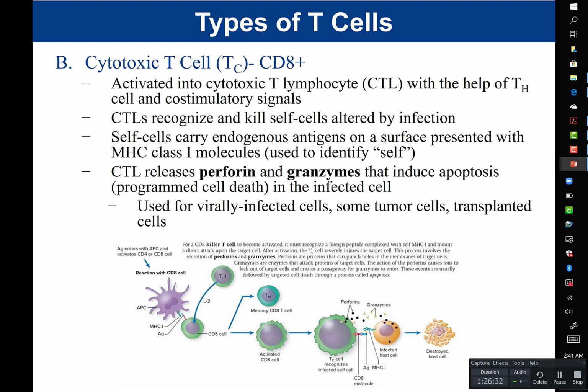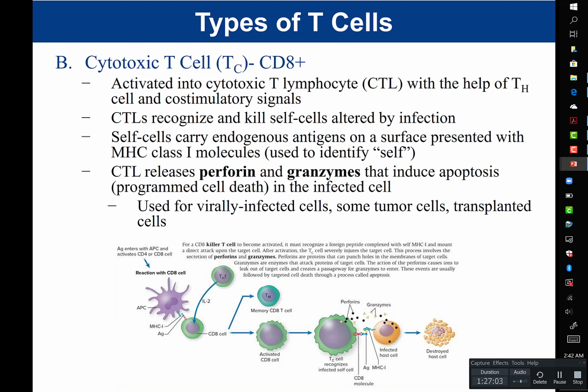The T cell receptor recognizes the antigen, and it has its CD8, which is going to recognize the MHC1. And so that MHC1 is going to signal the T cell to basically commit suicide, essentially.